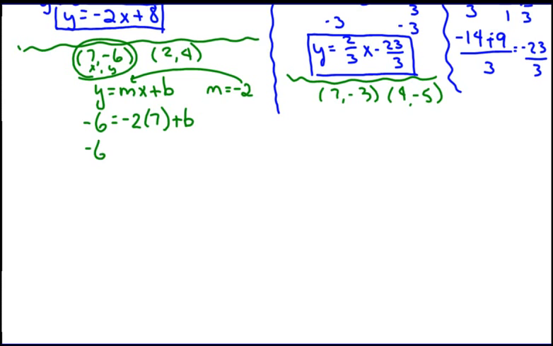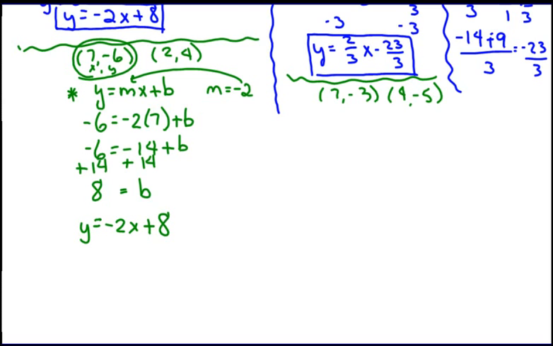So I should be able to solve for b. If I add 14 to both sides, I end up with b equaling 8. So putting the slope and the b value into the formula, I will have y equals negative 2x plus 8. And we see that that is exactly the same equation that we got when we used the other method.